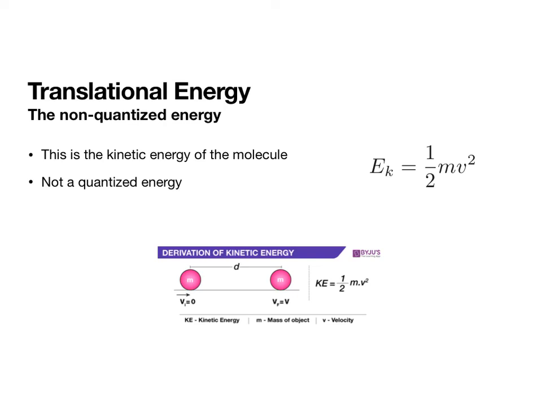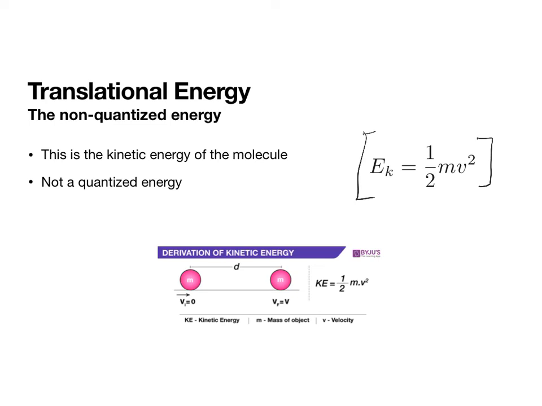Okay, the final type of energy is translational energy. This is the easiest one because it's actually not quantized. And translational energy is defined as the kinetic energy of the molecule.